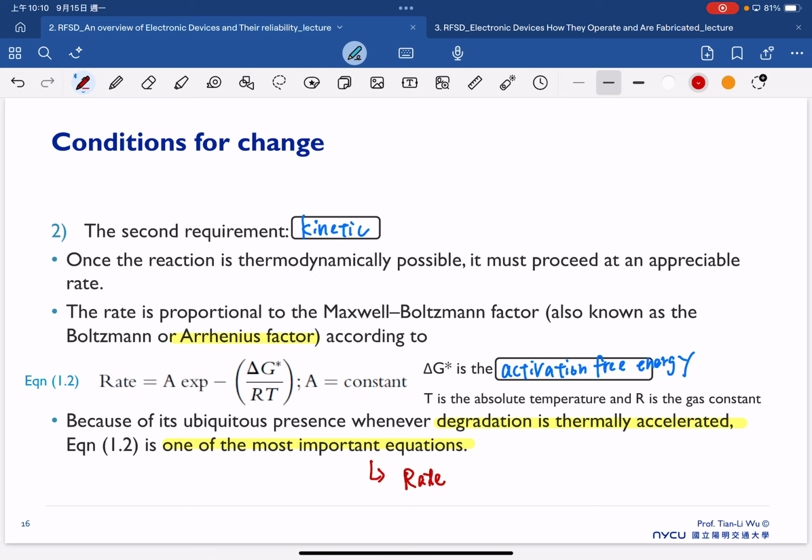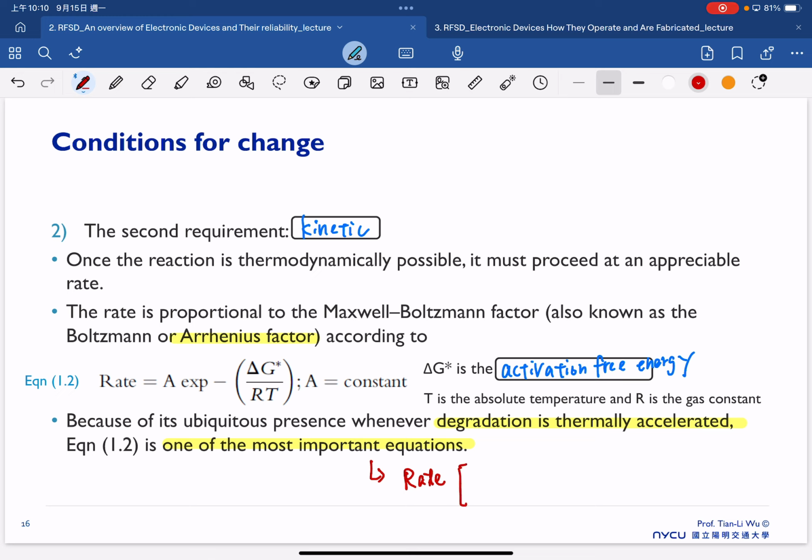In the end we know that this is always happening. We have the degradation from the reliable state to the failed state, so we can foresee a certain rate happening from good to bad, and therefore we want to estimate this rate. That's why we come up with this equation, and it tells us that the rate is related to these two factors.